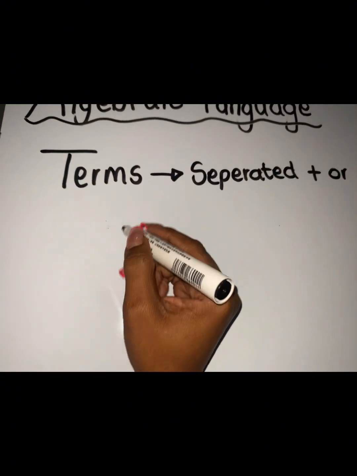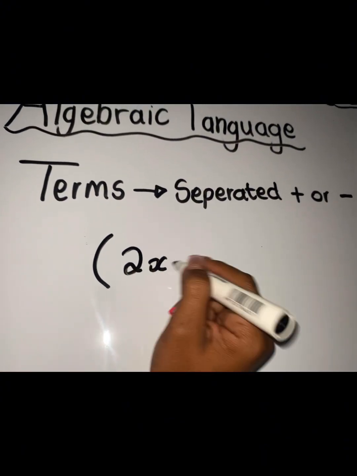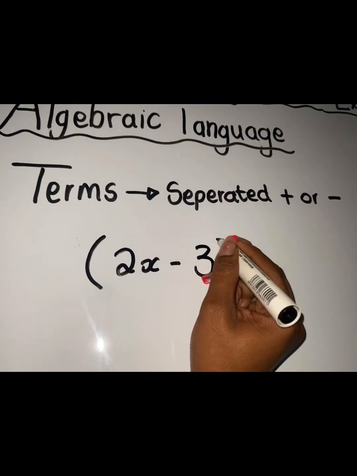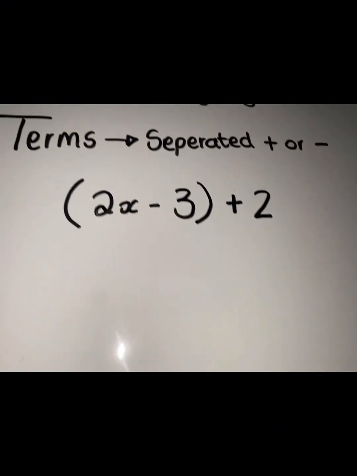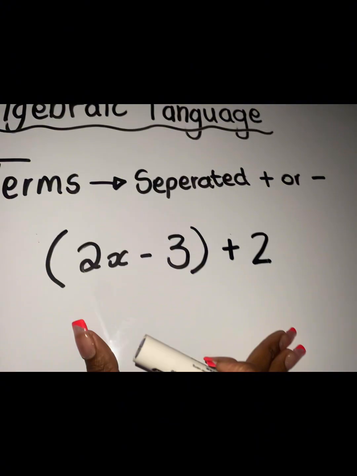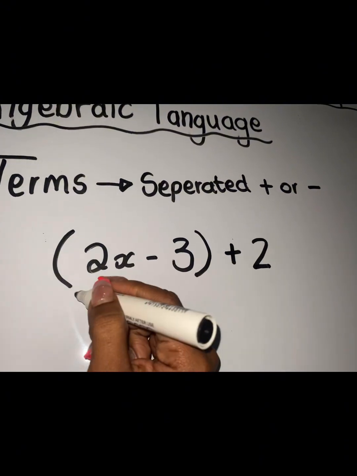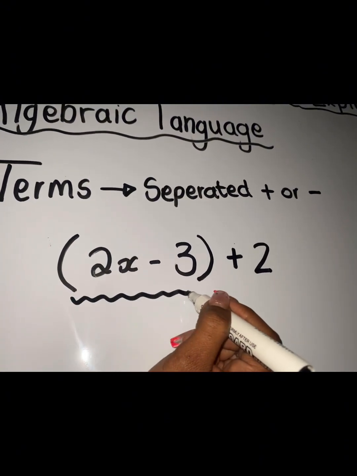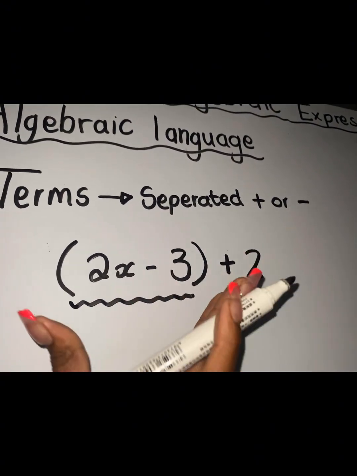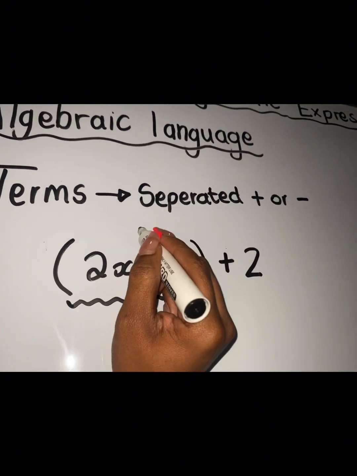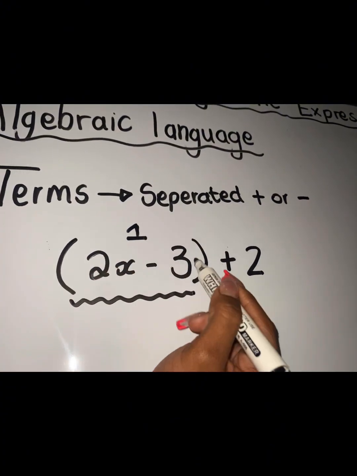Now let's take a look at this. Let's say we have (2x minus 3) plus 2, for example. If we have to analyze this, we need to be very, very careful. Anything that you find inside the bracket is regarded as one thing. The bracket keeps everything together. So this is term number 1.